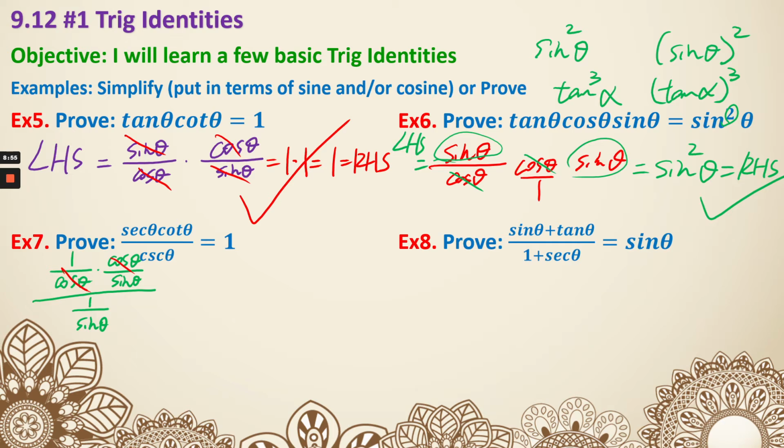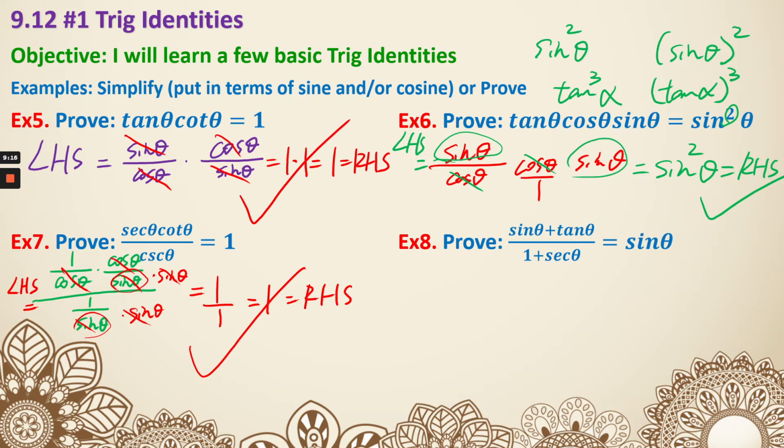And since the denominator is sine, I'm just going to multiply by sine. Or since the top and the bottom are the same thing, you can just cancel them. So either way, sine will be gone. The whole thing is 1 over 1, which is 1. That is the right-hand side. We started from the left-hand side. That is number 7.